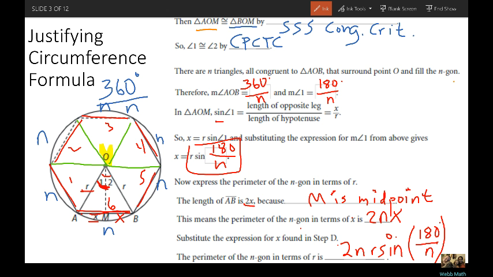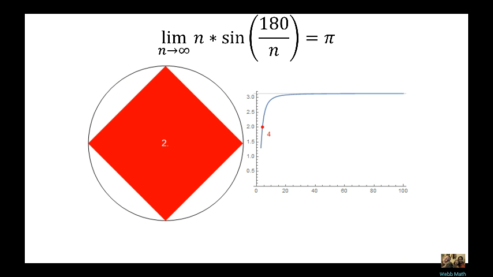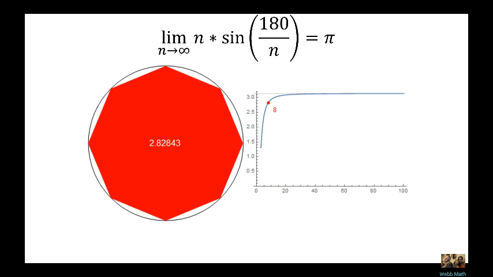So let me show you the beauty. Let me show you the nicer version of the perimeter equation. Let me get out of there first. All right, so as you can see, you have n-gons forming inside that circle. The more sides you get, the closer that number gets to 3.14159 or something like that.